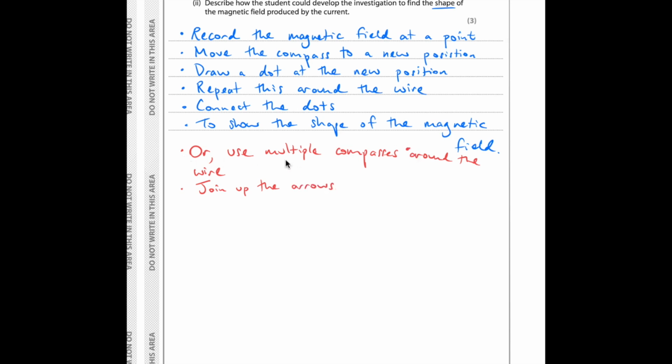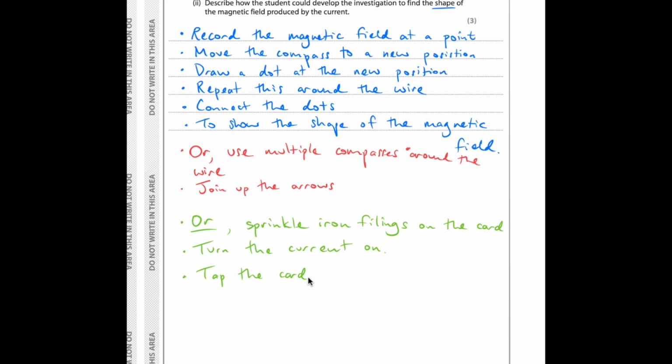So 1 mark for that, 1 mark for that, 1 mark for that. That's your 3 marks. That might be easier to say just to get the 3 marks. Or sprinkle iron filings on the card. Turn the current on. Tap the card. Iron filings will line up to show the shape of the magnetic field. So if you've said any of that, well done.